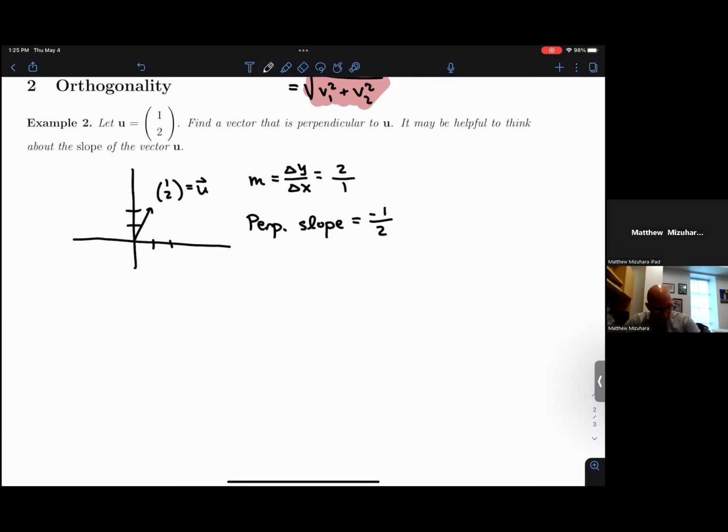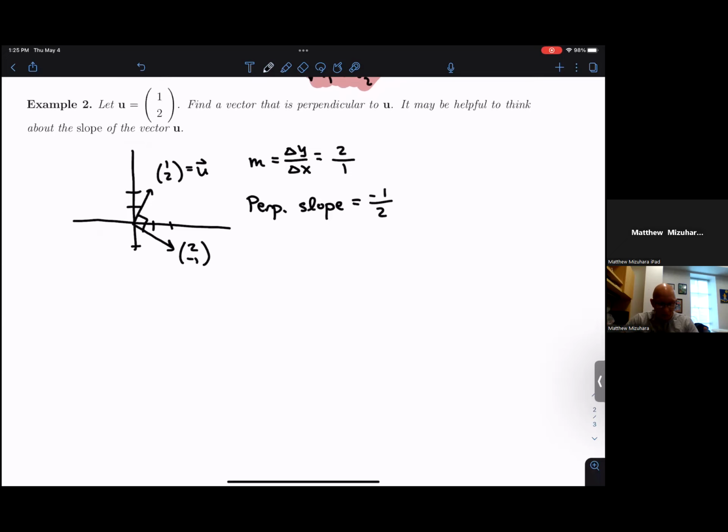If I look at the vector (2, -1), it looks something like this. And at least from the picture, it's pretty conceivable that this might be a right angle. So, okay, I think we've accomplished our job, but you might say, well, what's the point of this example? Why do I care about this?